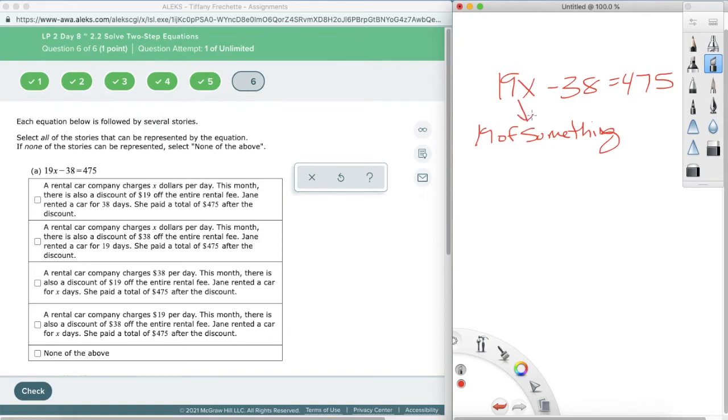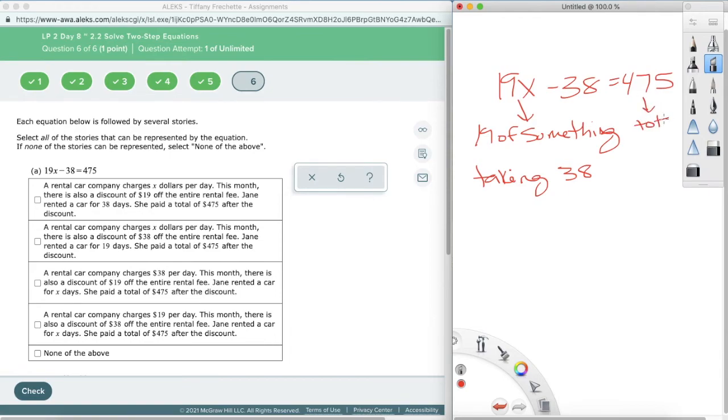And then I'm taking away 38. So we want to hear some kind of take-away type words: I'm withdrawing, I'm subtracting, I'm removing, something along those lines. Together, the total will be 475. So this is our total.